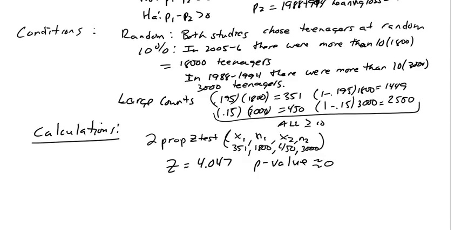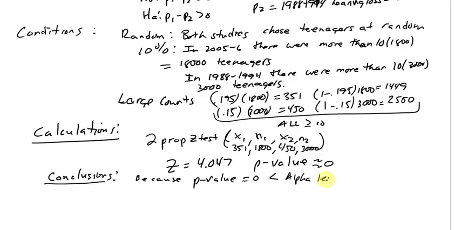So conclusions. Because our p-value, which equals essentially 0, is less than our alpha level, and since they didn't give us one, we use 0.05, we reject the null hypothesis.